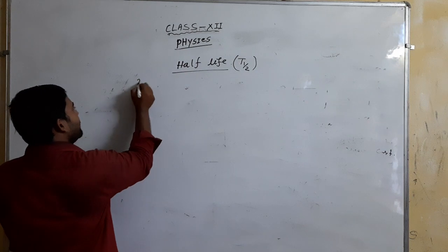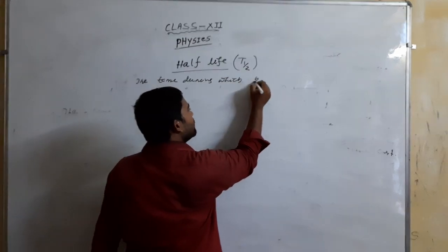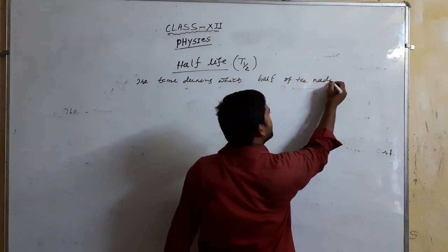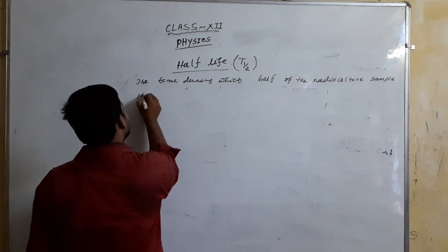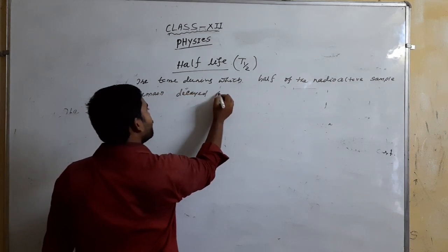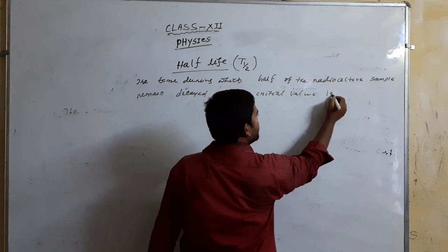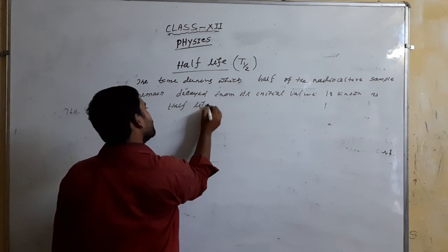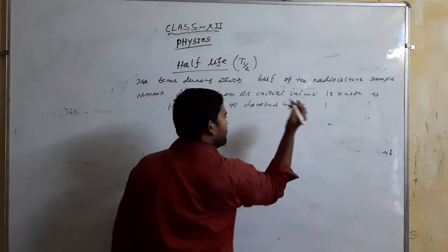So we can say the time during which half of the radioactive sample has decayed from its initial value is known as half-life, and it is denoted by T half.